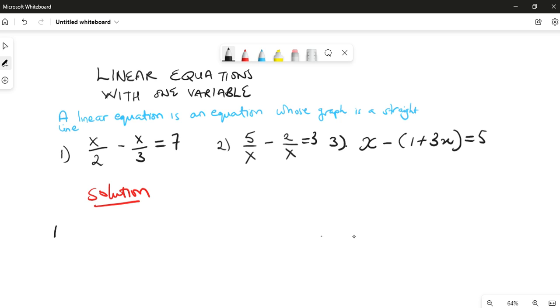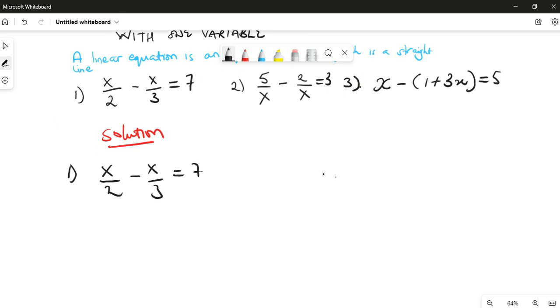The first one we have is x over 2 minus x over 3 equals 7. Usually with this type of equation, first work with the fraction, solve it and simplify it. So work with the fraction on our left hand side. You can do it like this.